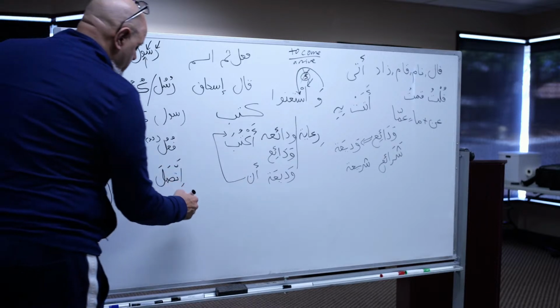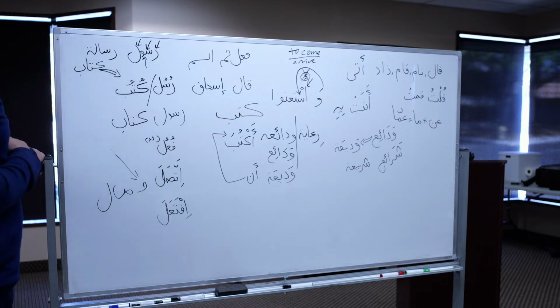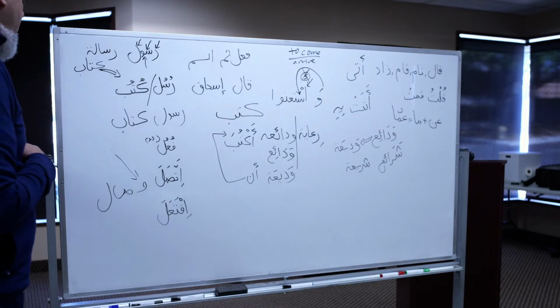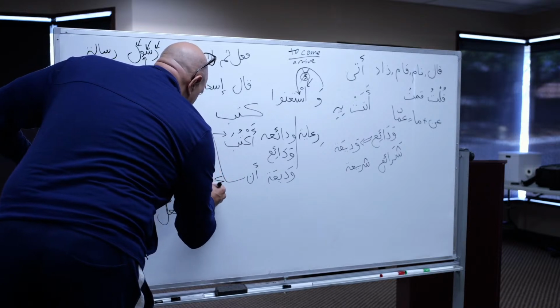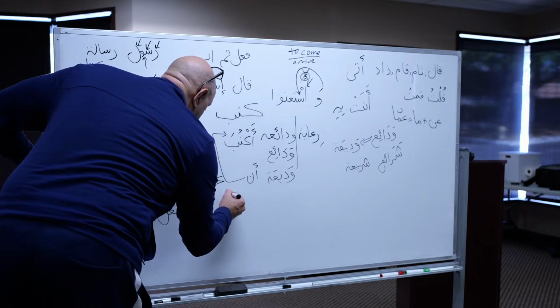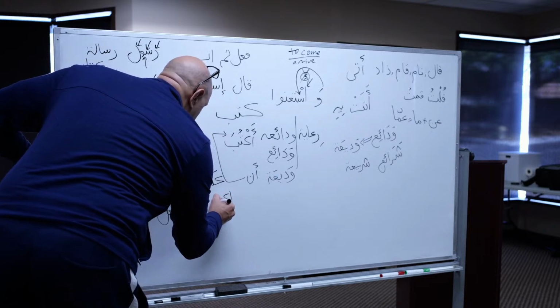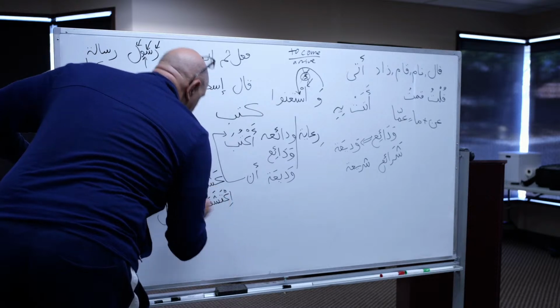Take a shadda. So normally, you have verbs like, take, for instance, kashafa. You have ik, ta, shafa. So ik, ta, shafa.